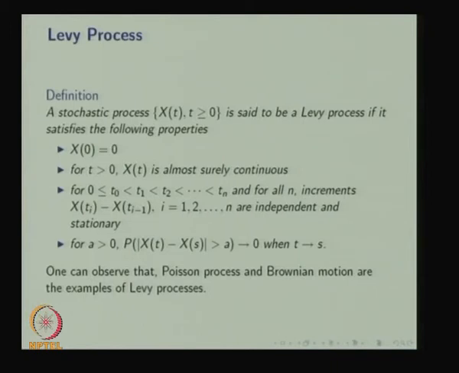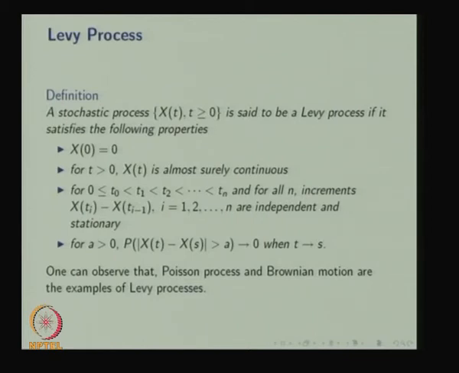So the first property is the same for the Poisson process and the Brownian motion, whereas for the second property, the sample paths of the Poisson process are right continuous functions, whereas the sample paths of Brownian motion are continuous functions.